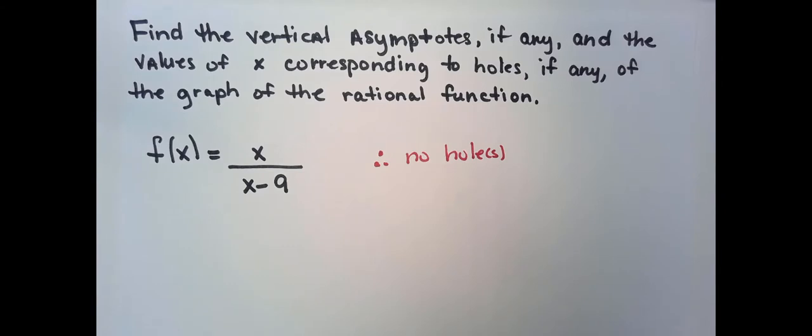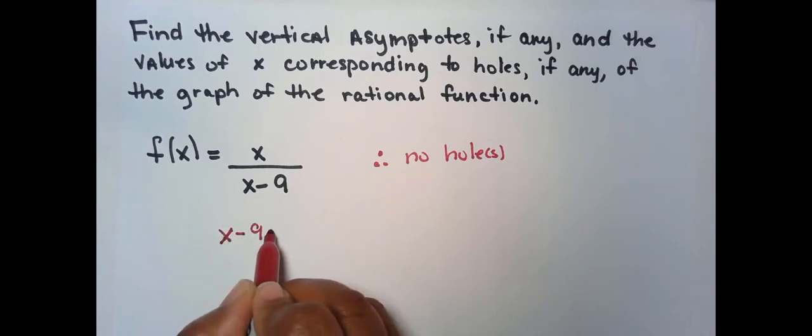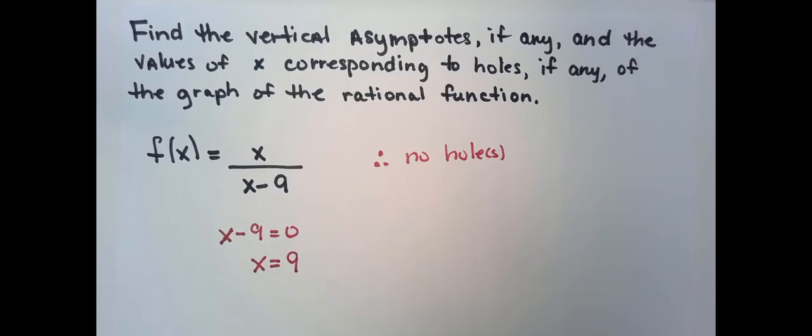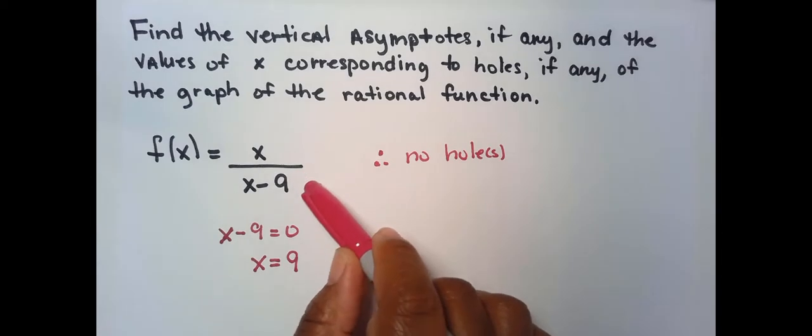All right, so how do we find the vertical asymptote? What we're going to do is set our denominator equal to 0, and we have x is equal to 9. We know that at positive 9, this will make the function undefined.